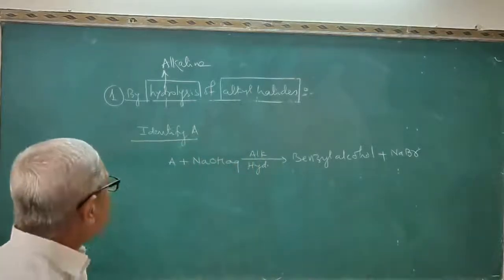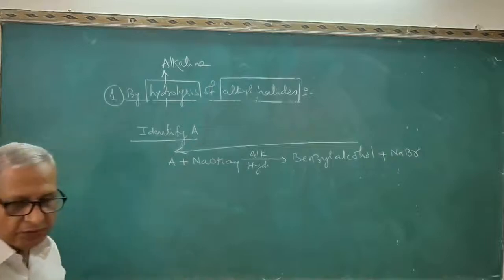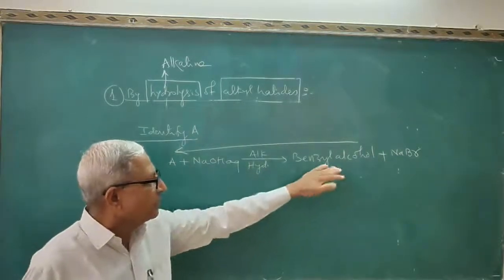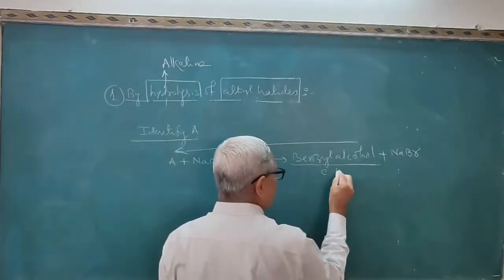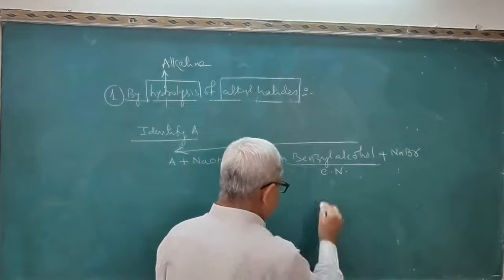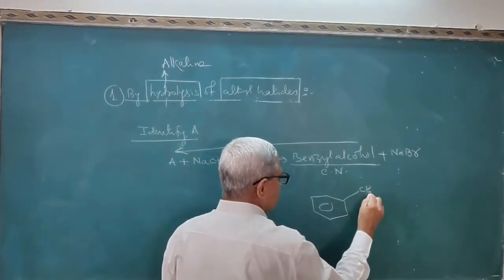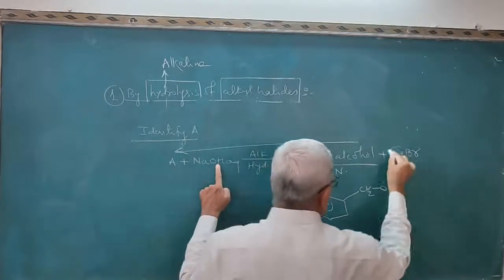Again, you have to solve this question in the reverse direction, because we cannot identify it directly. First, write the structure of benzyl alcohol. Benzyl alcohol is a common name. The structure of benzyl alcohol is C6H5CH2OH. In this case, you can remove the NaOH in this way.